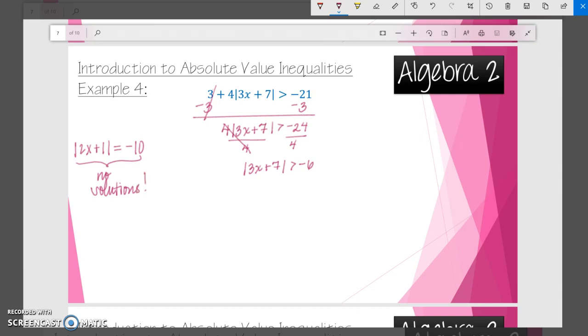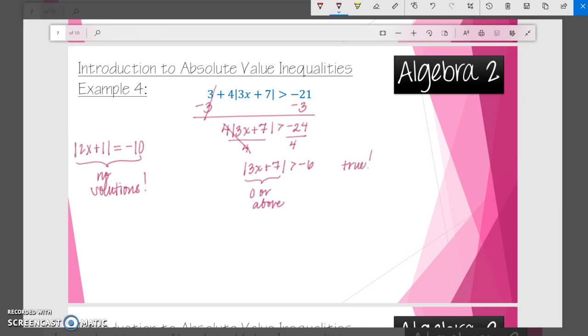Now, if we're talking about inequalities, what we want to consider here, just like with the equation, is that we're always going to get at least 0 out of an absolute value. So it's always going to be 0 or above. If that expression is always bigger than 0, that means that it's greater than negative 6, which makes this a true mathematical expression.